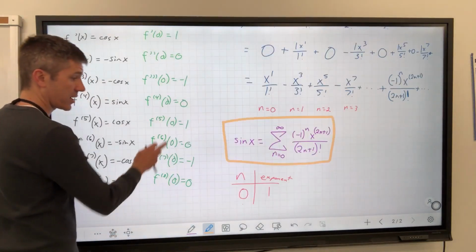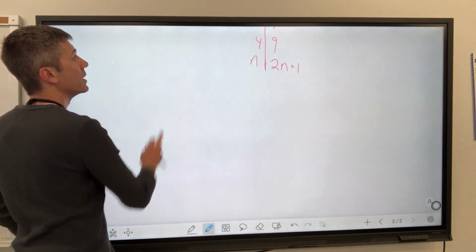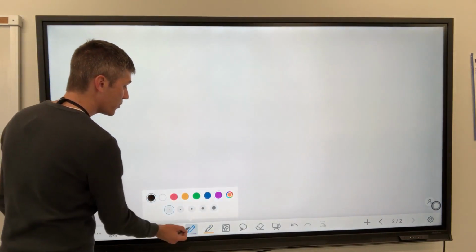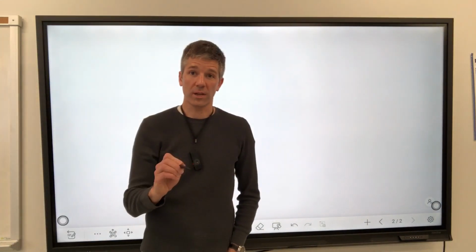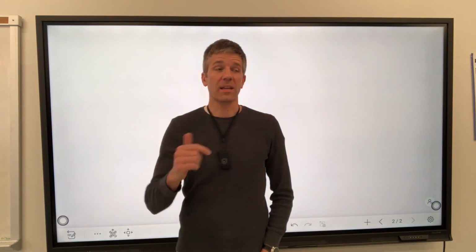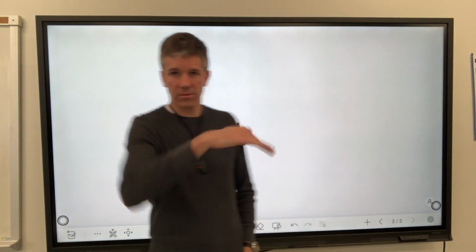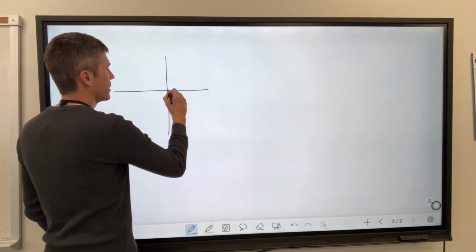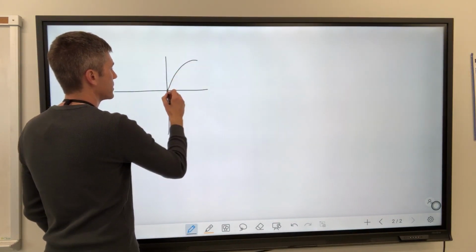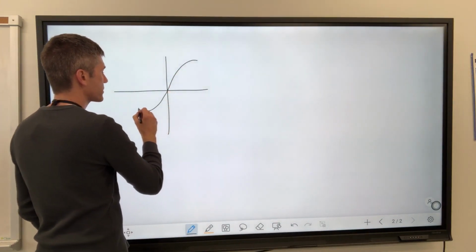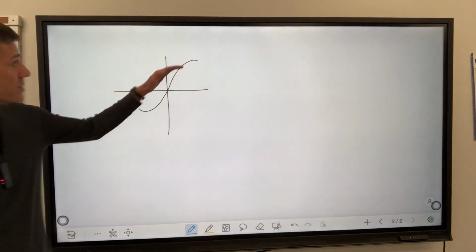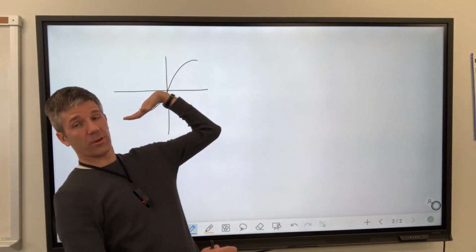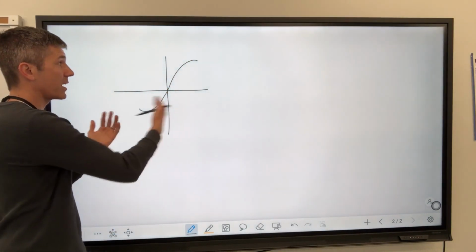We'll scroll up for a second. You don't have to write any of this if you don't want to. But sine is an odd function. Odd functions are symmetric around the origin, meaning if you rotate it, it'll lay on top of itself. Let me try to draw the sine function as best as I can, roughly. That's the sine function. If I took this right here where my wrist is, and bent it back around and rotated it 180 degrees, I would get the same graph.